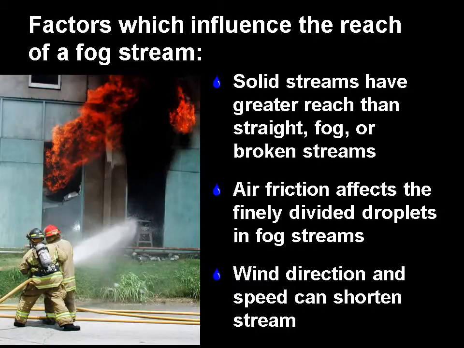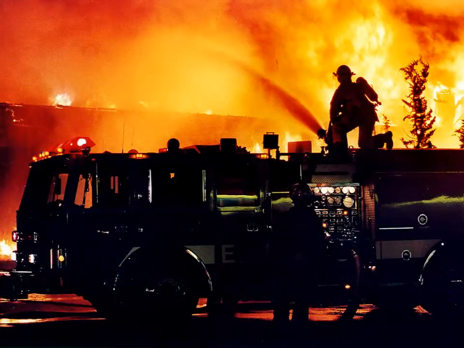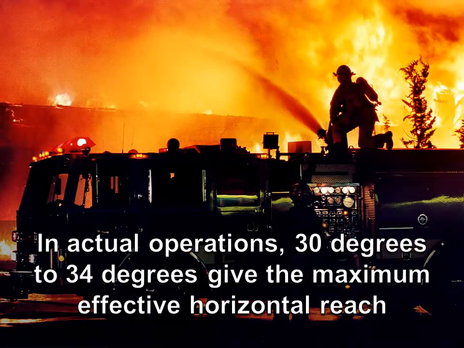Wind direction and speed can shorten stream reach and deteriorate stream pattern. In ideal conditions, the greatest horizontal reach for a fire stream is at 45 degrees from the horizontal plane. In actual operation, 30 to 34 degrees gives the maximum effective horizontal reach.